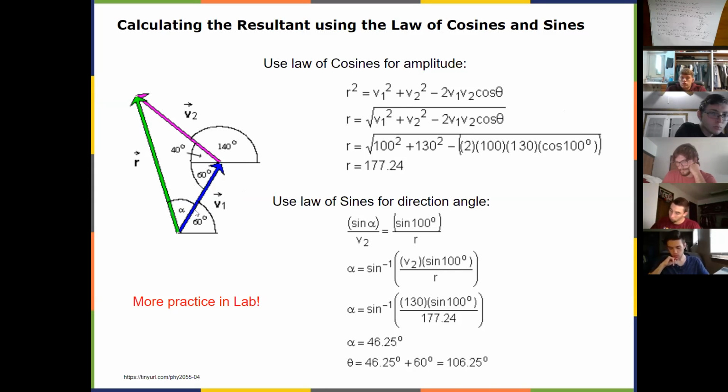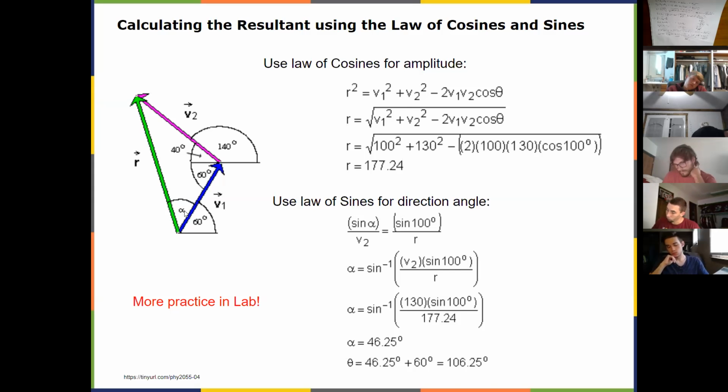Now, once you have that length, you should be able to figure out this angle, alpha here, right? Because now you know the length of all 3 sides of the triangle, and you know this angle. So you can utilize the law of sines now to figure out this alpha angle, all right?